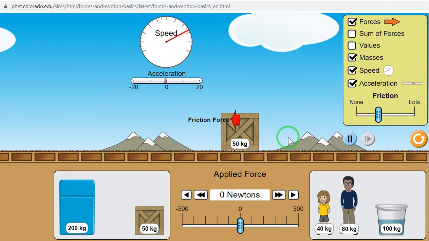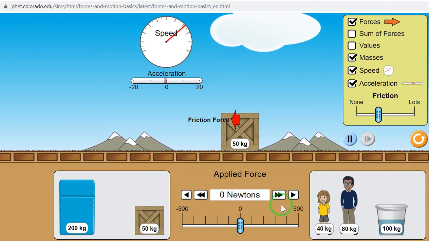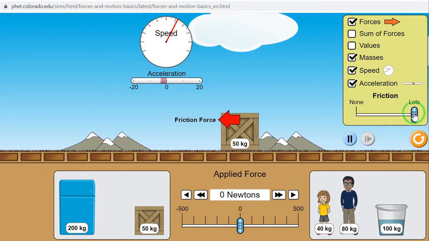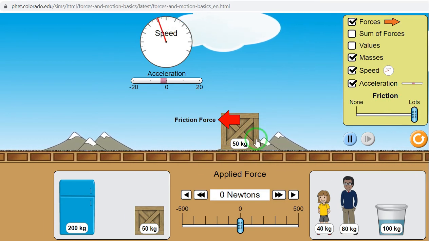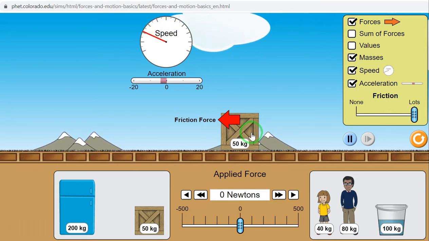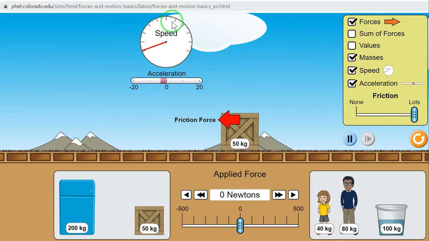Once again, we'll do the simulation here. I'll turn it off and increase the friction so that it can come to rest. Now friction is more, right? Now you can see here, as I increase the force, the speed increases as well as acceleration also increases, right?